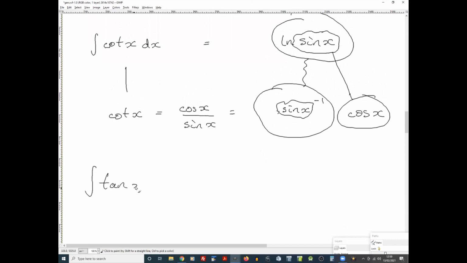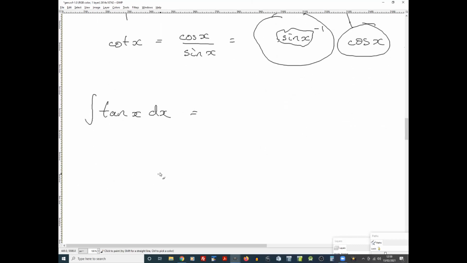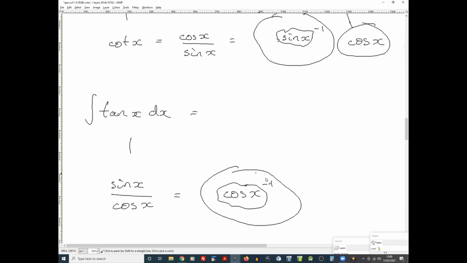Okay, so tan x equals sine x over cos x, which equals sine x times cos x to the minus 1. And then we can say the inner function is cos x, and the outer function is to the minus 1.